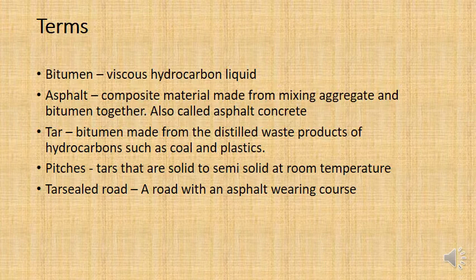So if you can imagine burning coal and burning plastic, what do you get? You get this really dark, black, sooty smoke that comes out. And then if you were actually going to condense that, you're going to get these big black raindrops coming out. And that is tar. So it's a way of getting bitumen where you don't have oil. It's a way that you can get it from basically burning coal or burning plastics.